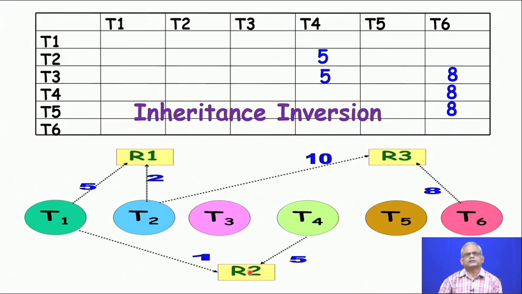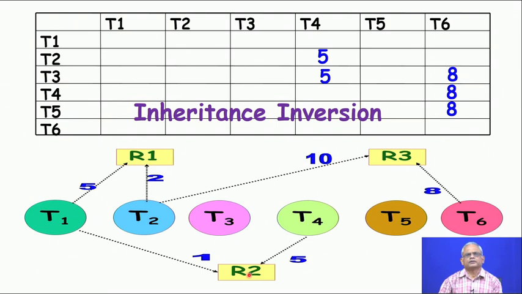In that case, the priority of T4 will get enhanced to be equal to T1, and now the tasks which are of higher priority, T2 and T3, can undergo inheritance inversion. But what will be the duration for which they will undergo inversions? T2 and T3 will undergo inversion for 5 units of time, that is the use of the resource R2 by T4.